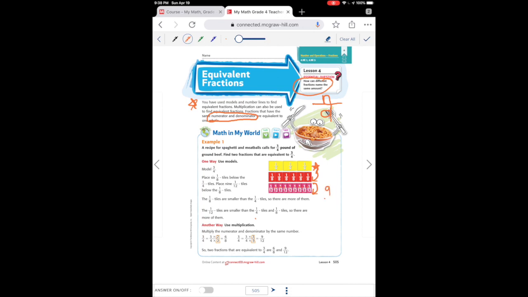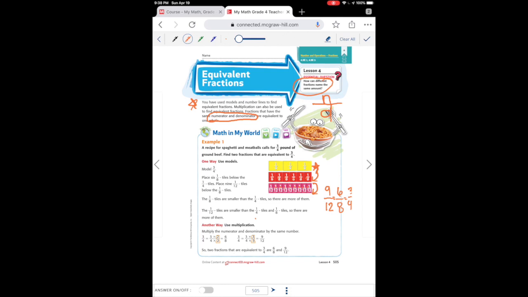So 9 out of 12. For 1/8, there are 1, 2, 3, 4, 5, 6. So 6/8 and 3/4. These are all the same. They are all equivalent fractions. Another way is to use multiplication. So you can multiply.